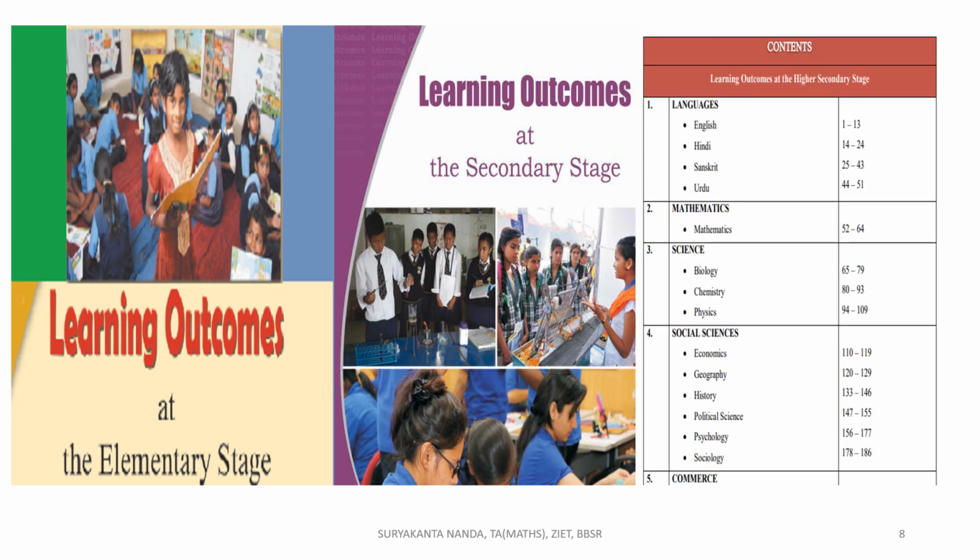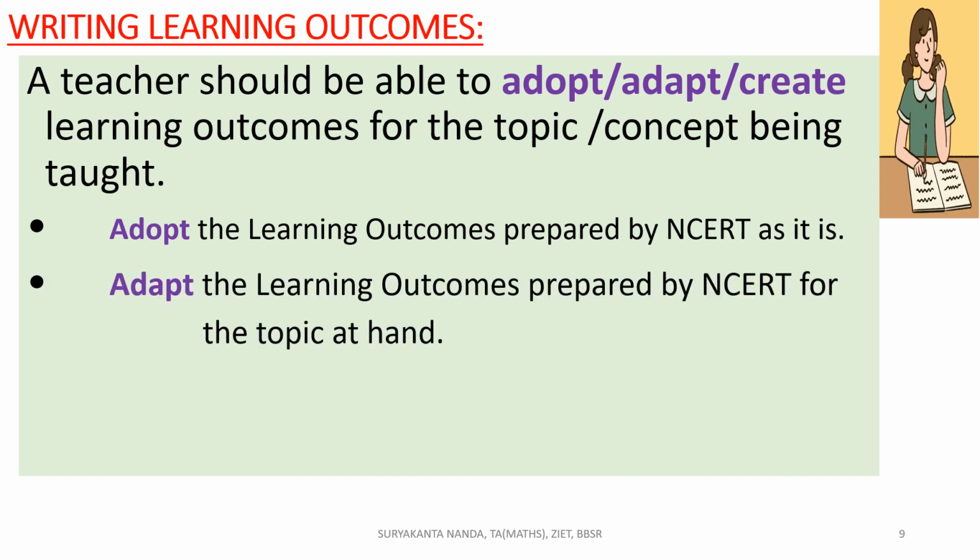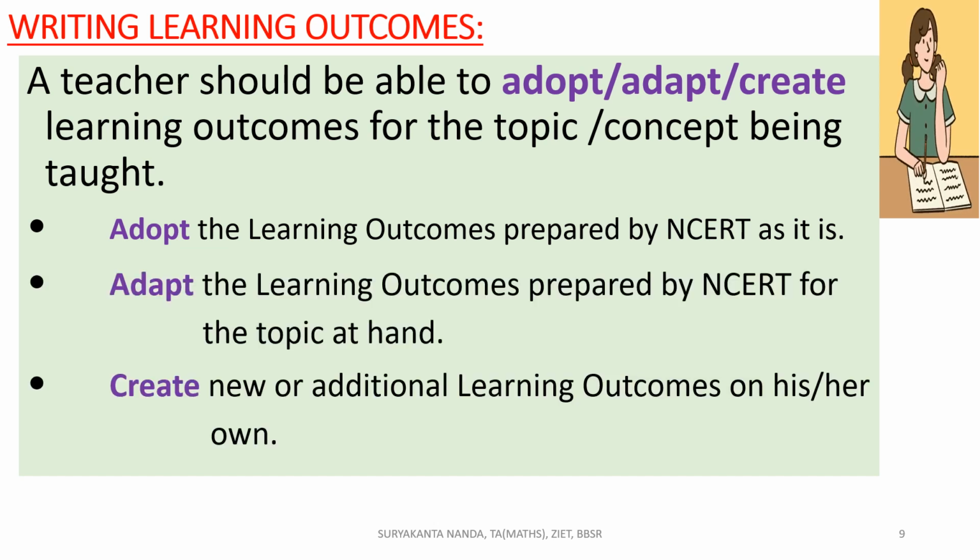We can directly adopt the learning outcomes prepared by NCERT as they are, or we can adapt them for the topic at hand, or we can create learning outcomes on our own. To create learning outcomes on our own, we have to know the anatomy of constructing learning outcomes along with its characteristics.